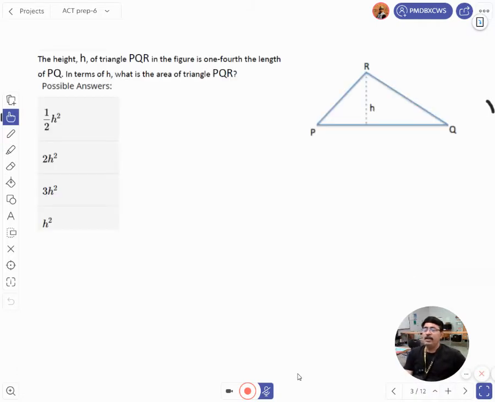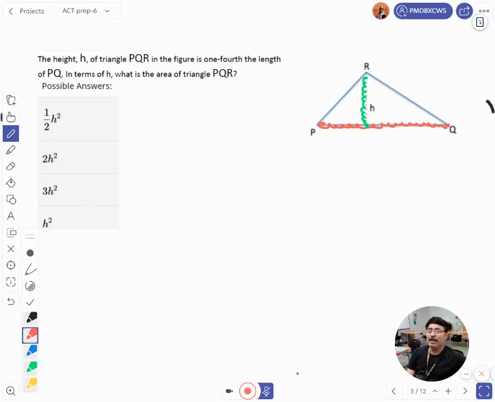The height h of a triangle PQR in the figure is 1/4 of the length of PQ. So here, PQ is the length and height is this one. There is one golden rule.